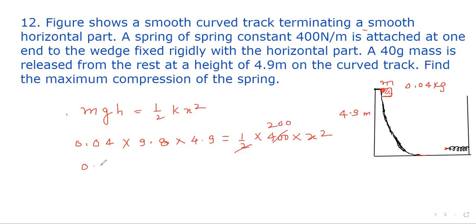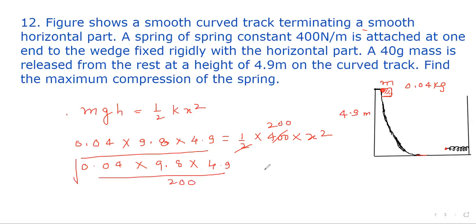Now we can divide: x equals the square root of 0.04 into 9.8 into 4.9 divided by 200, which can be simplified. So it is better to write it the other way around, so don't write like this.